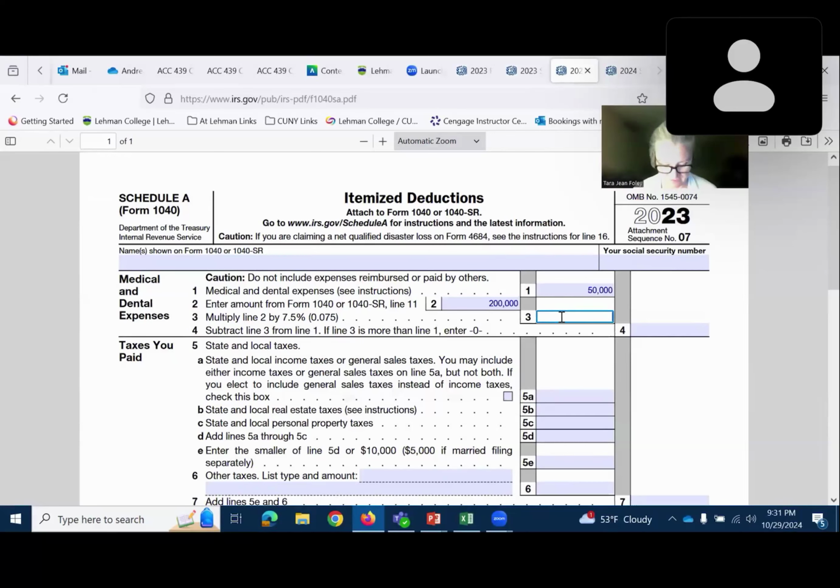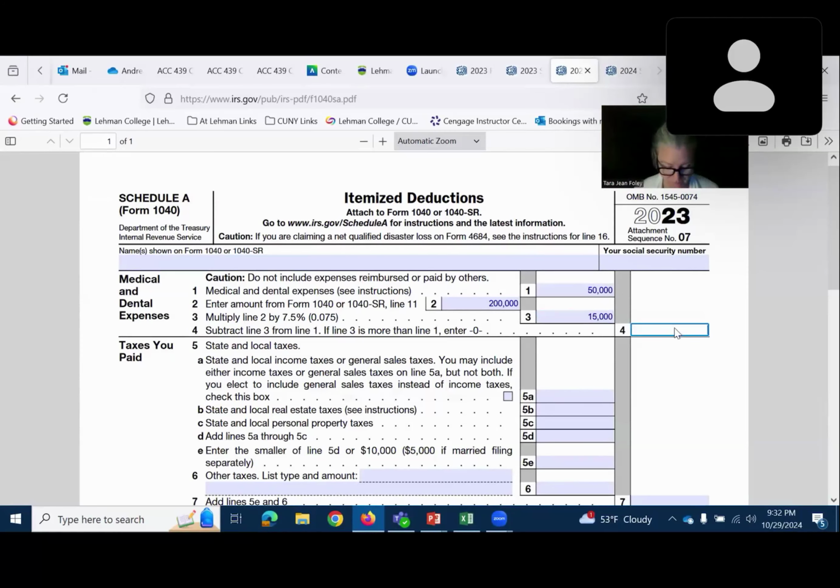Do the math right now yourself. $200,000 times 0.075. That's $15,000. So what it's saying is I had $50,000 of expenses, but I'm only allowed to deduct $15,000 and above.